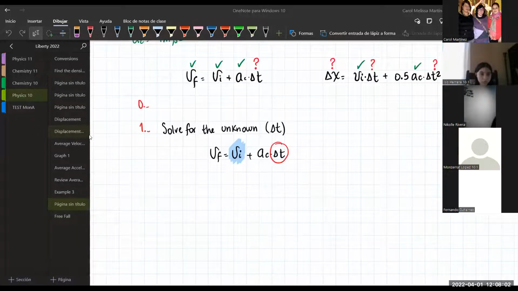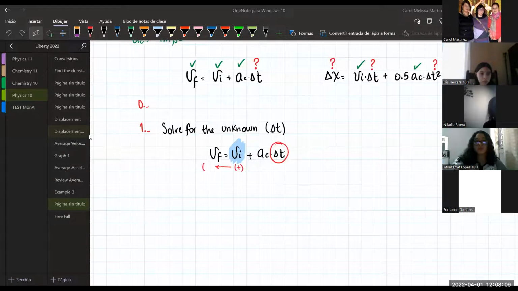Adding. So initial velocity is adding, and when you send it to the other side, it's going to be subtracting. So the equation is transformed into final velocity minus initial velocity equals acceleration times time.